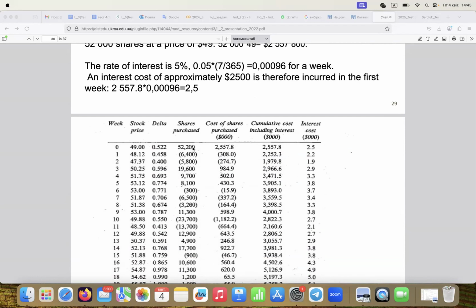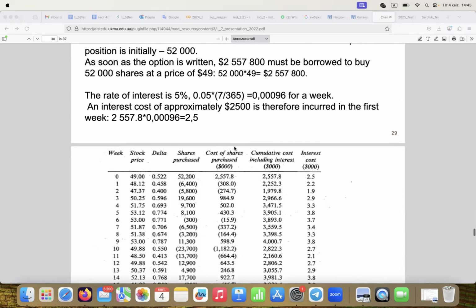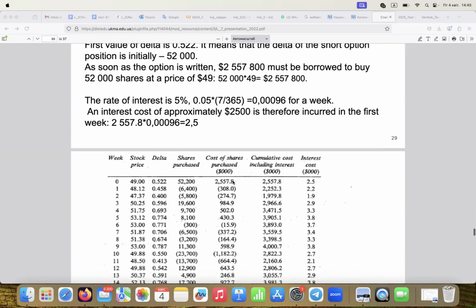Yes. Okay. Now we can compute how much we need to pay for this. It is this many stocks, multiplied by the stock price, and it is this amount. And we assume that we don't own any money, so all this money is debt.